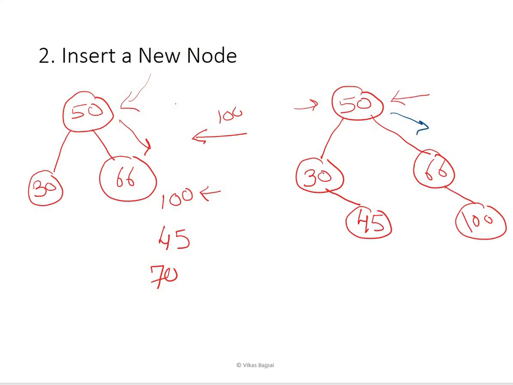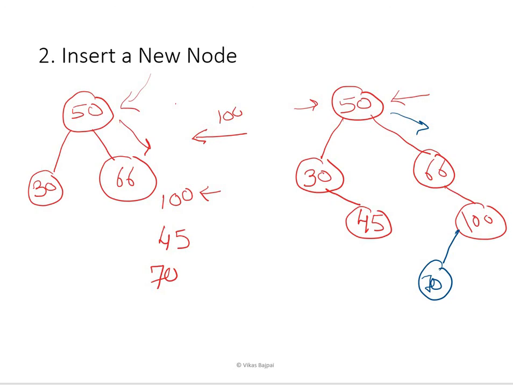I did a comparison, I moved once again towards this. Here I did a comparison and I found that 70 of course is lesser than 100. I've added this particular thing here. Right, that's how the growth of the binary search tree takes place.